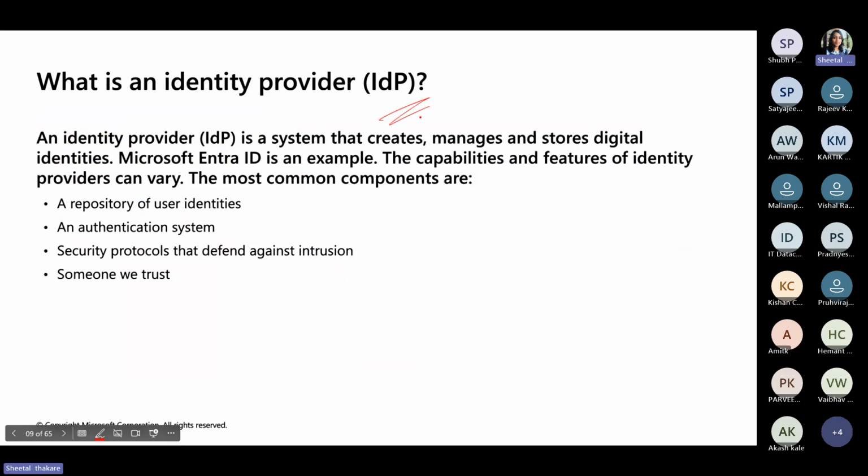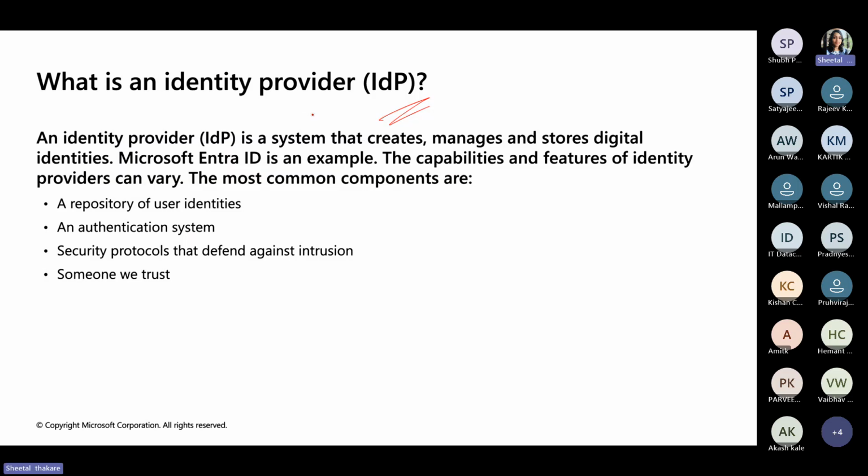When we say that identity is a very important part of security, everyone is working from different time zones, different devices, different networks. To manage these identities centrally, you need some tool, some way.